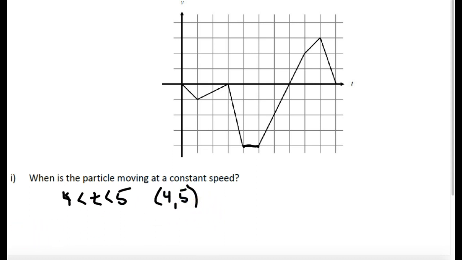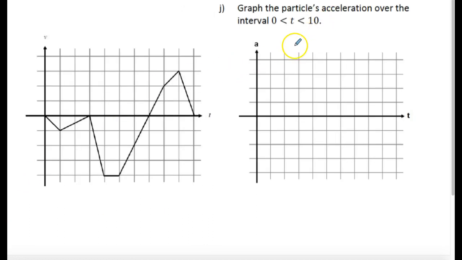All right. Now, let's take a look at graphing acceleration and then speed. So we know acceleration is the derivative of velocity. So all I want to do is graph the derivative of this function. These are all line segments, so I can get the slope of each of these pieces.